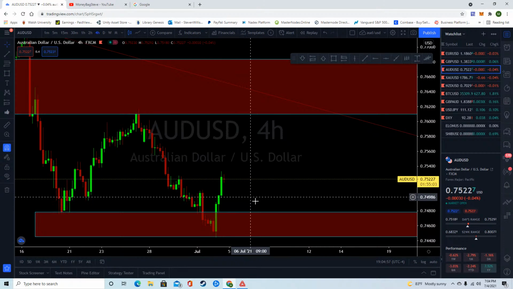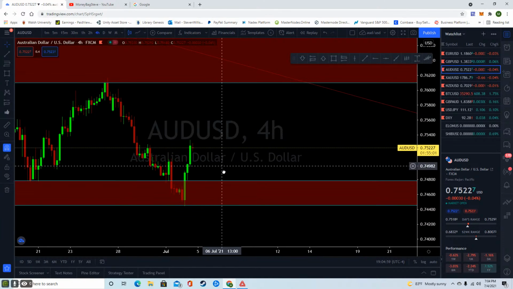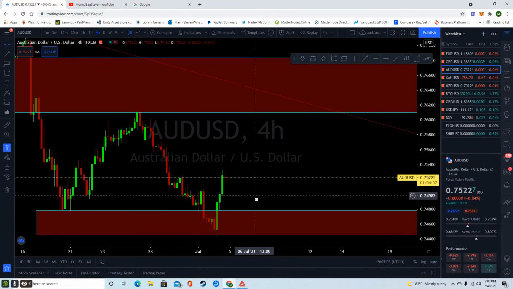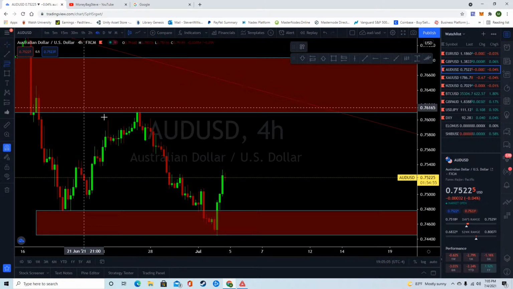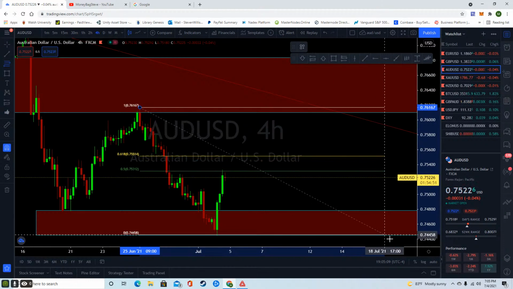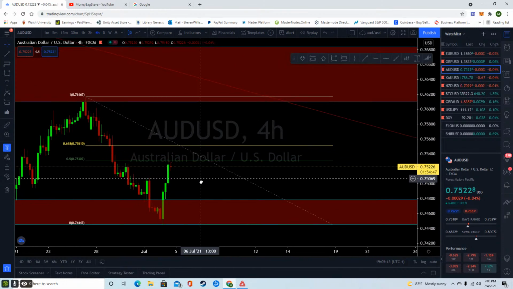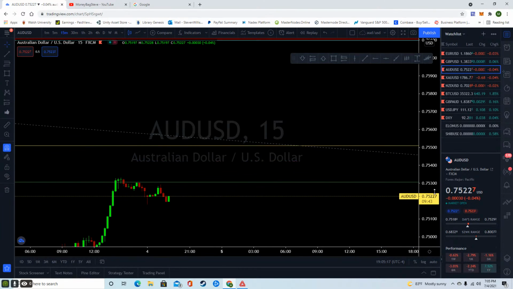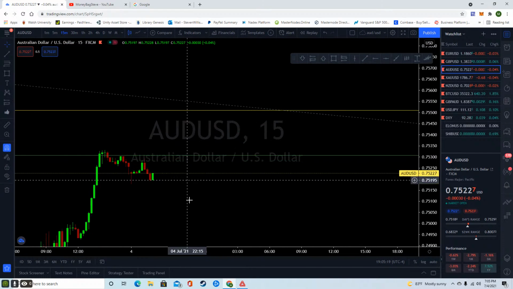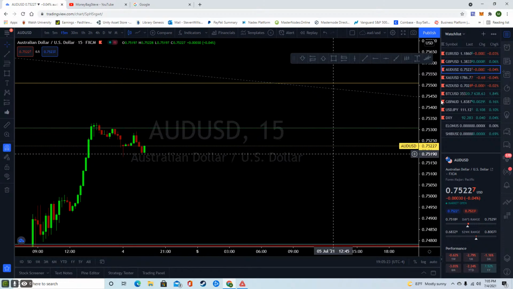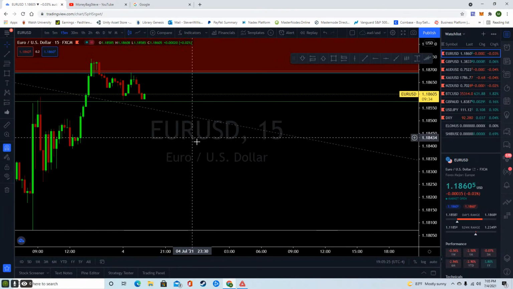So we can take a fib from here to here. Ooh. So if it does come back up, we can actually get a sell in. So if this does come back and touch, that means everything else is going to do the same thing.